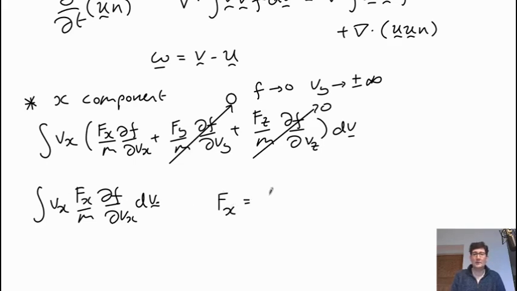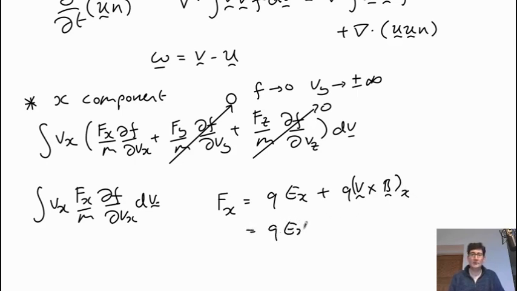Fx is the charge times the electric field plus the charge times velocity cross B. And if we want the x component of this, I'll write it like that: q Ex plus q times (vy Bz minus vz By). So it's written out explicitly with all the components.